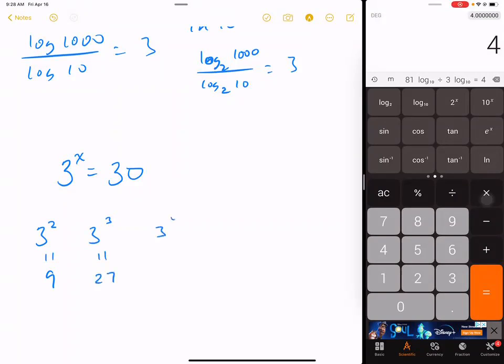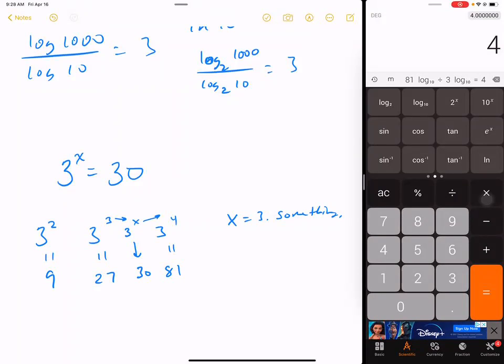And 3 to the 4th is 81. So 3 to the x power is someplace in here. It's like 3 to what? What's the exponent? Is it 3 or 4? It's going to be x is 3 point something. And you can see that x is going to be someplace between 3 and 4. We don't know what that number is.